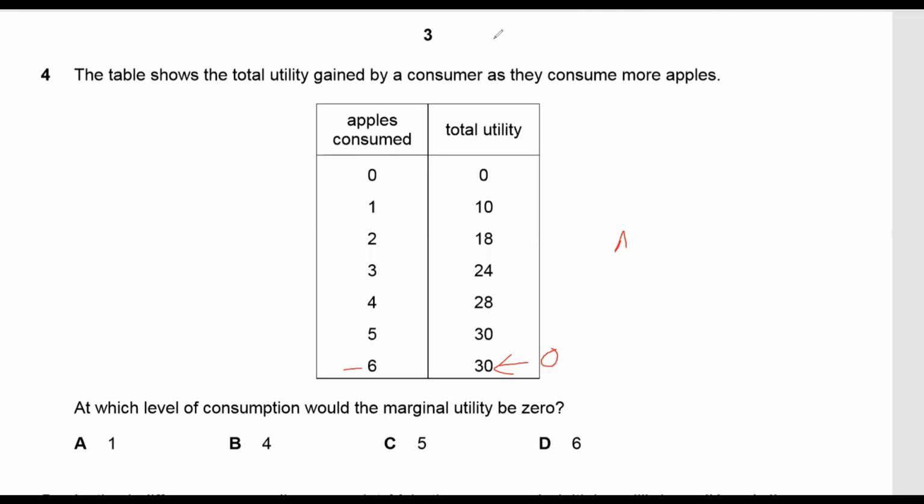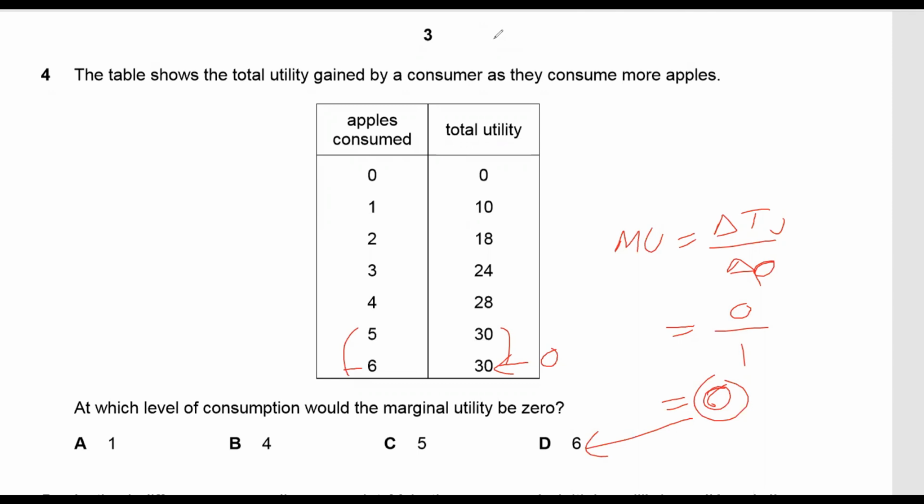Marginal utility is change in total utility divided by change in quantity. If we move from the 5th to the 6th unit, we change 1 unit, and there is 0 change in total utility. So at the 6th unit, marginal utility is equal to 0.